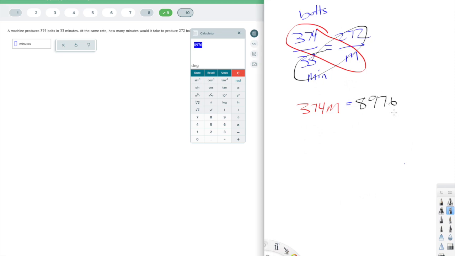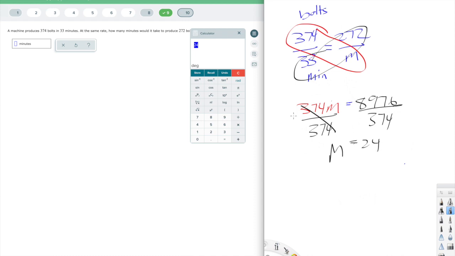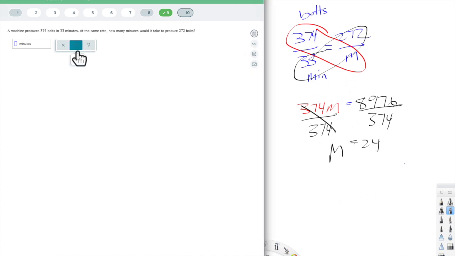And to solve this, I'm going to divide both sides by 374, because that's the only number that's left by my m here. 374 divided by 374 cancels. So I'm going to go divided by 374. And I get 24. So it would take 24 minutes to produce 272 bolts.